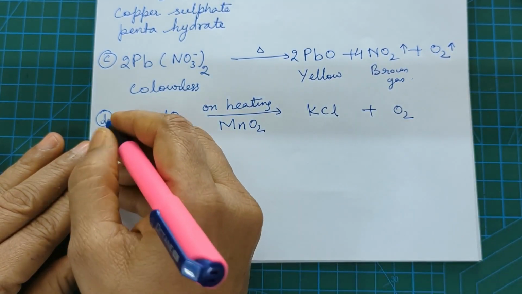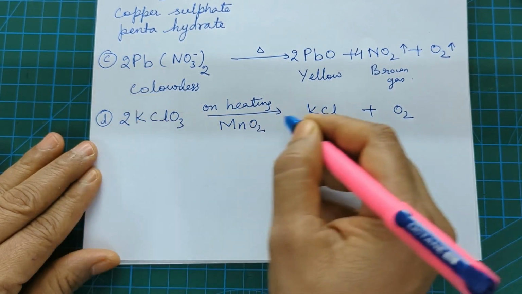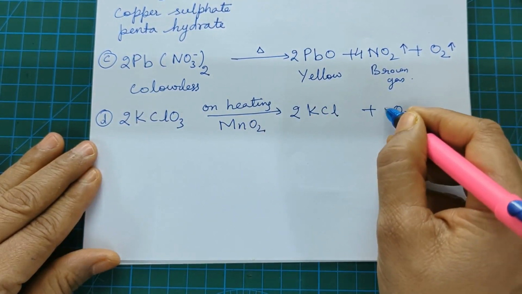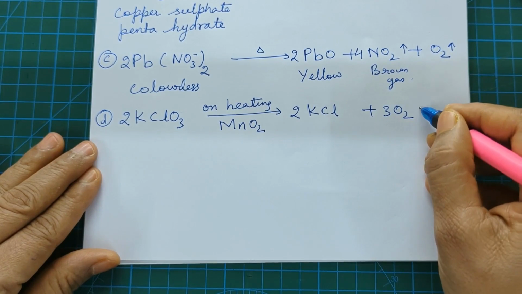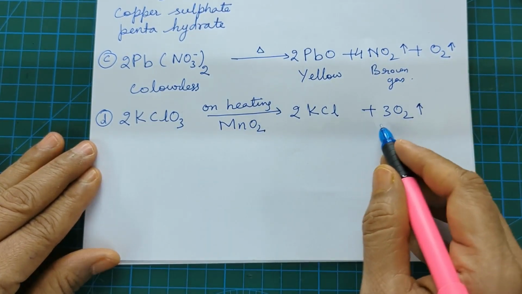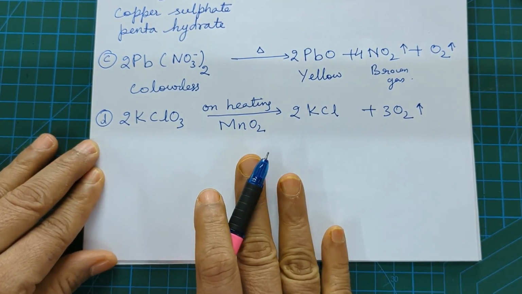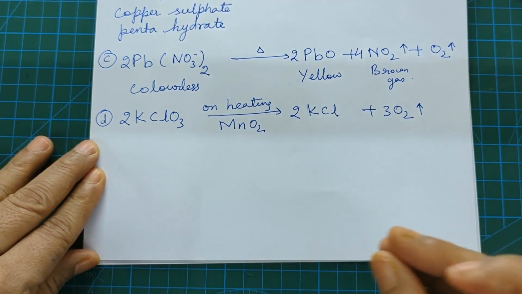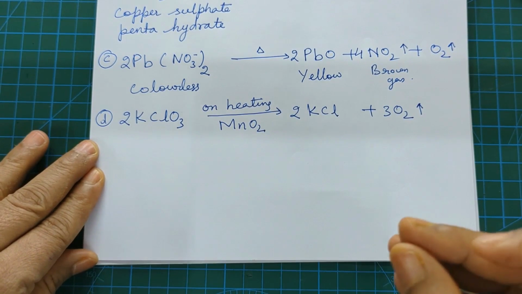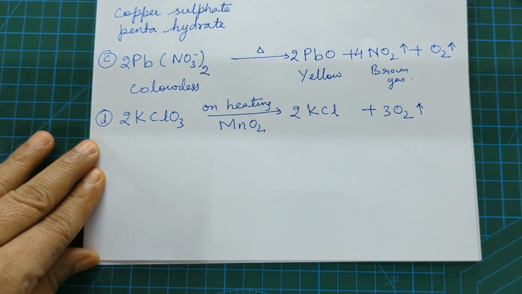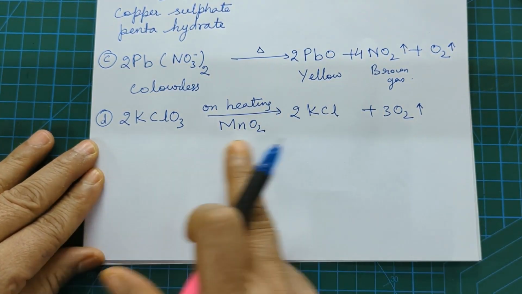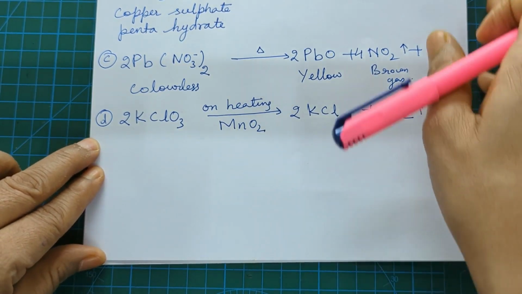So this also needs proper balancing. This is 2 of them, this is 2 of them, and this is 3 of them. So this is the process of manufacturing oxygen gas. Once I discuss all the types of reaction, I'll take up some examples where I will tell you how to balance chemical reactions. So right now, this is a decomposition reaction.